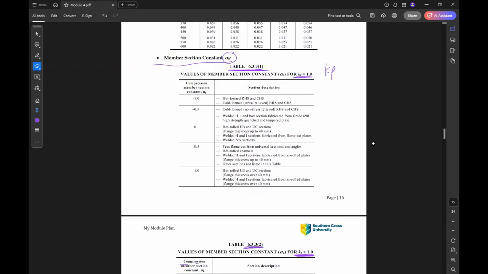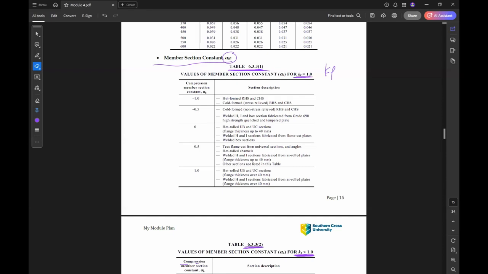So you know kf, whether you have kf equal to 1 or not equal to 1. We have two tables for the value of alpha b, depending on the value of kf, the form factor. So if kf equal to 1 or kf less than 1.